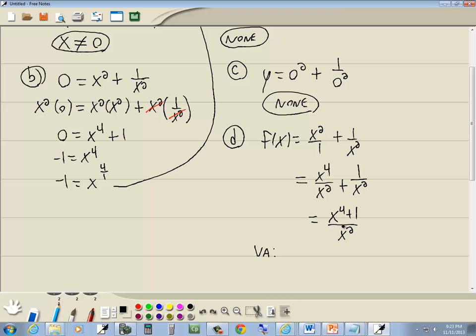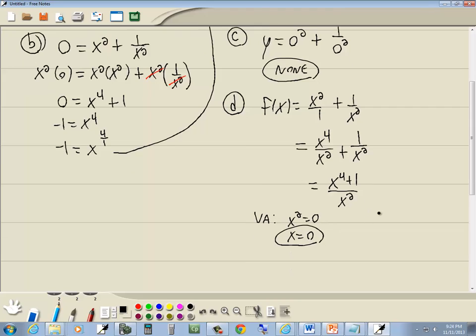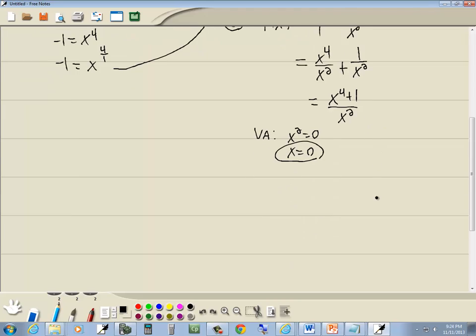But again, it's of a form where we could try factoring. So factor top, factor the bottom, can't do that. Cancel if possible, can't do that. Vertical asymptote, set the denominator equal to 0, and solve it, and we get x is equal to 0. So that's our vertical asymptote. I'll write that down. Now that's why the domain doesn't exist at 0. It's also why we don't have a y-intercept, which we'll see in a graph.